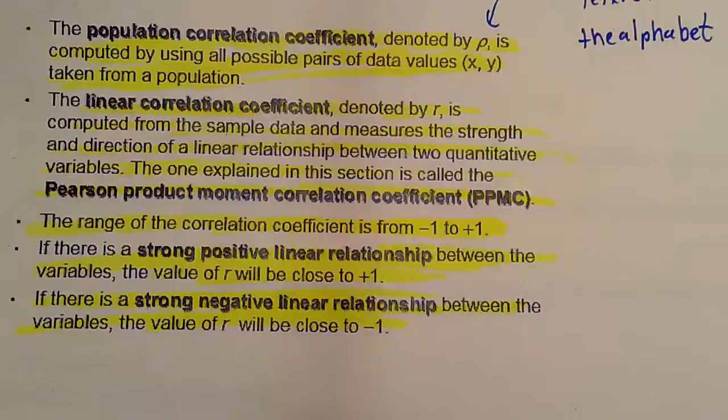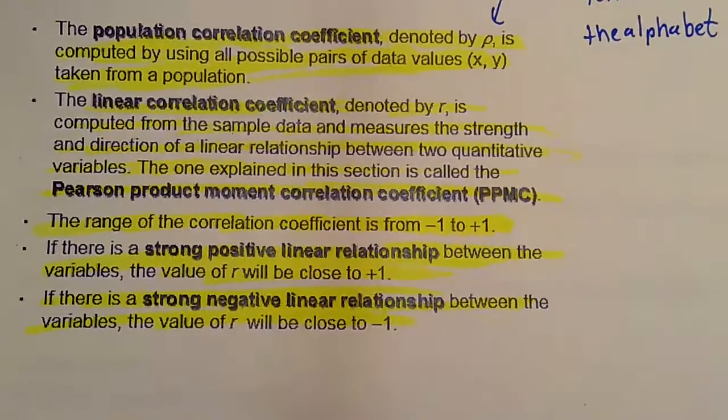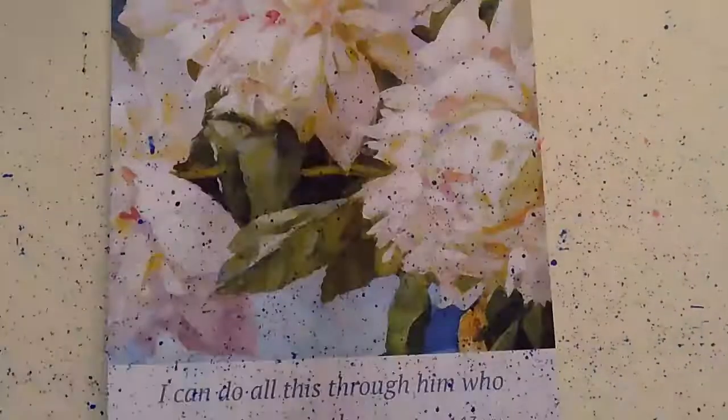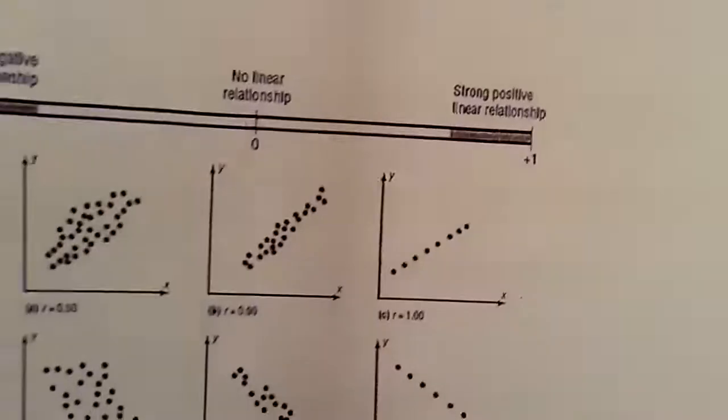The range of the correlation coefficient is from -1 to 1. If there is a strong positive linear relationship between the variables, the value of r will be close to +1. But if there's a strong negative linear relationship between the variables, the value of r will be close to -1. So keep that in mind. We have a picture of that here.